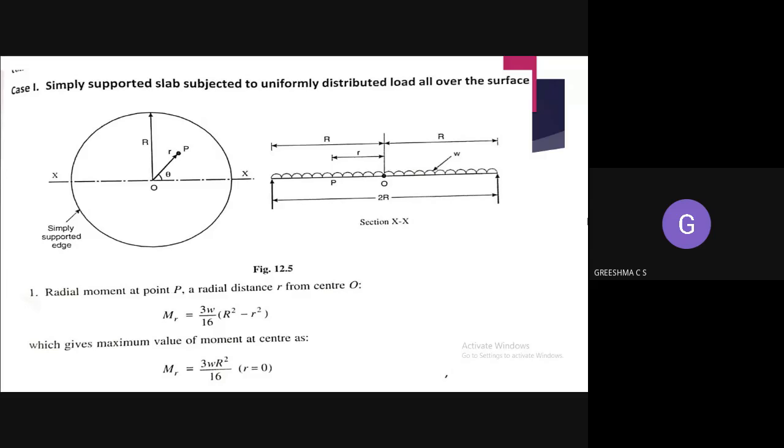Mark the center O. This is the center O. R is the radius of the slab. And small r is the radius at any point.